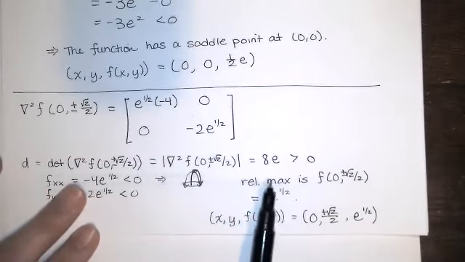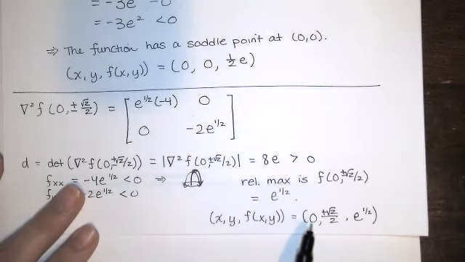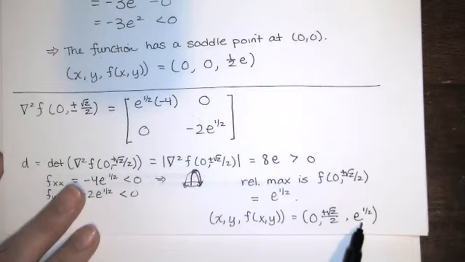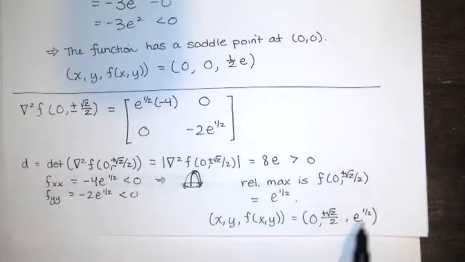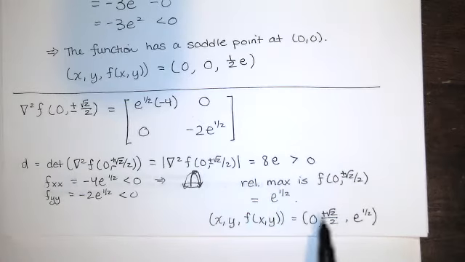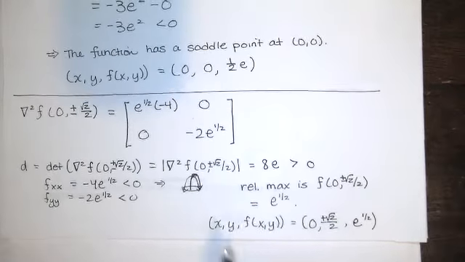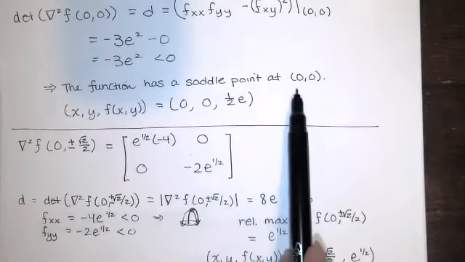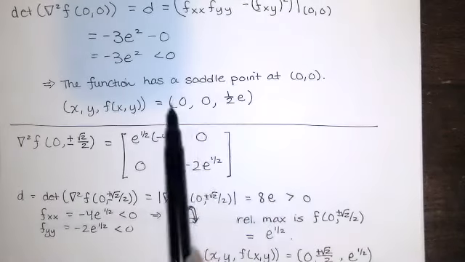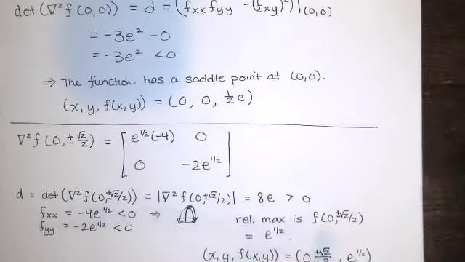So we have two relative maxima, one at 0 and square root of 2 over 2, corresponding to a z value of e to the 1/2, and one where the y is negative. Okay, so keep that in mind. You've got two relative maxima, and they're right there. We had a saddle point at 0, 0, but WebAssign wants it this way, 0, 0, and the corresponding z value.